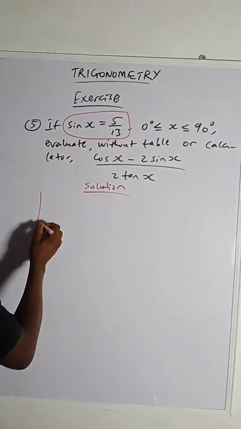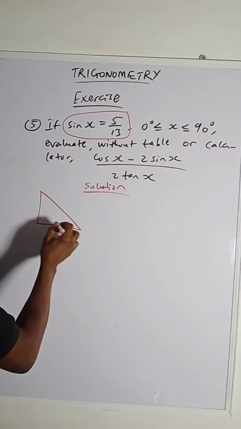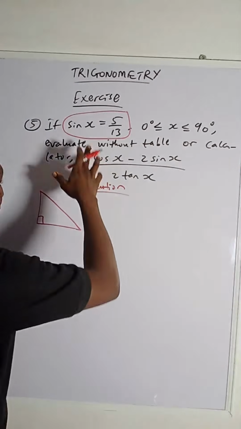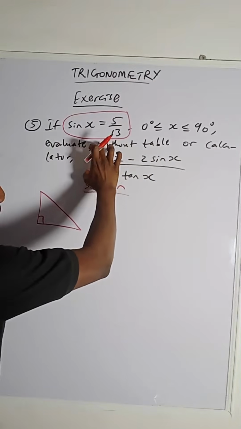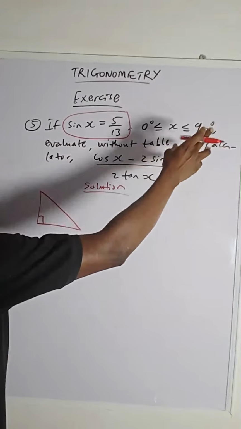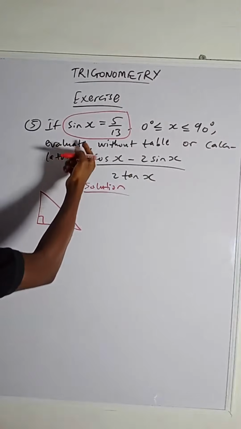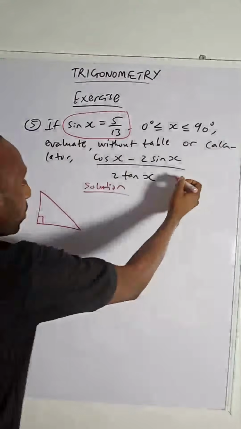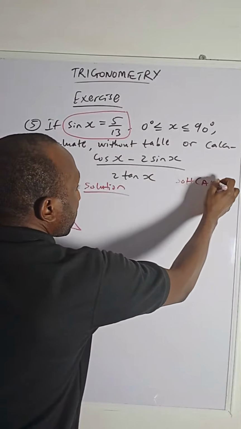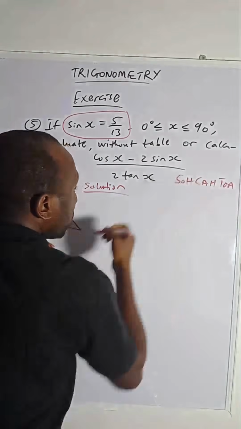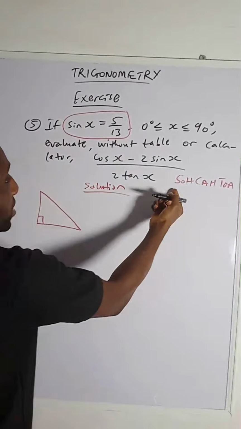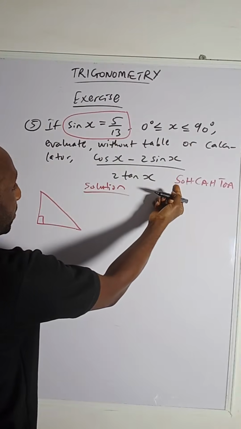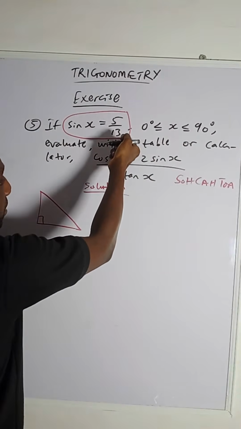Some people are already getting tired of this, but I have to make sure I cover all those aspects that can be quite confusing, especially when we have something as big as this. So using SOHCAHTOA again, sine is what? 5 over 13.